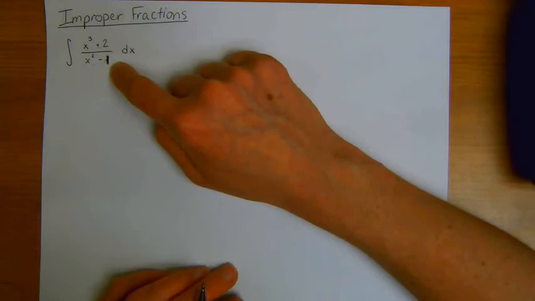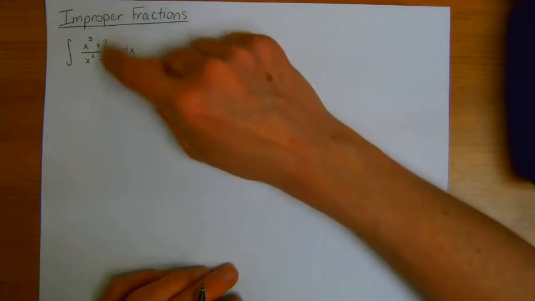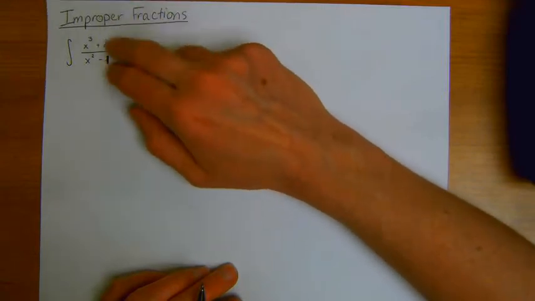In the previous examples, the degree of the numerator was always less than the degree of the denominator. Improper fractions is the case where that's not true.